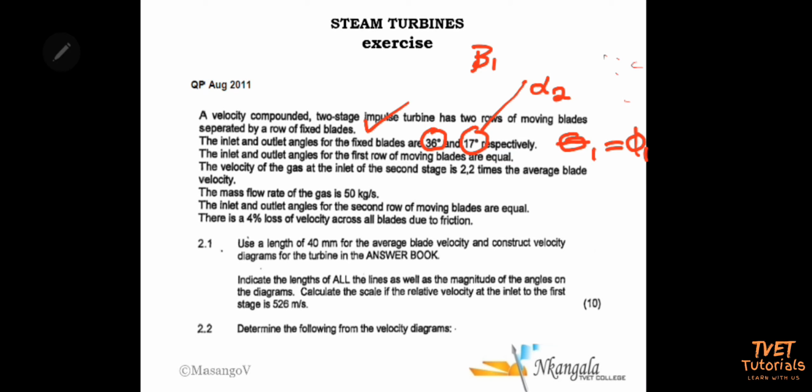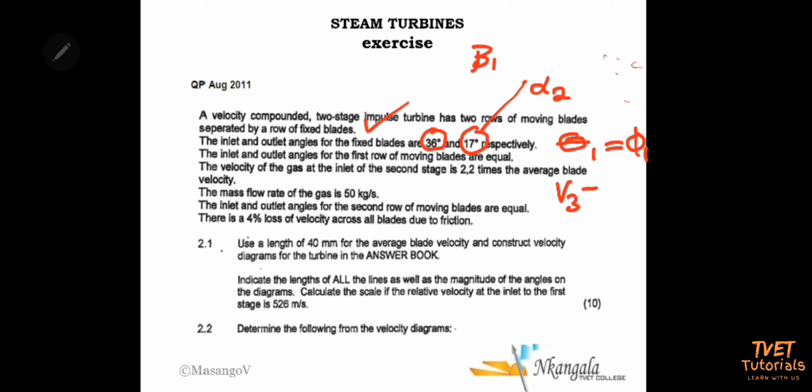The velocity of the gas at inlet of the second stage is 2.2 times the average blade velocity. So here you are given an equation in words. So then let's analyze it carefully. The velocity of the gas or steam at inlet of the second stage is V3.